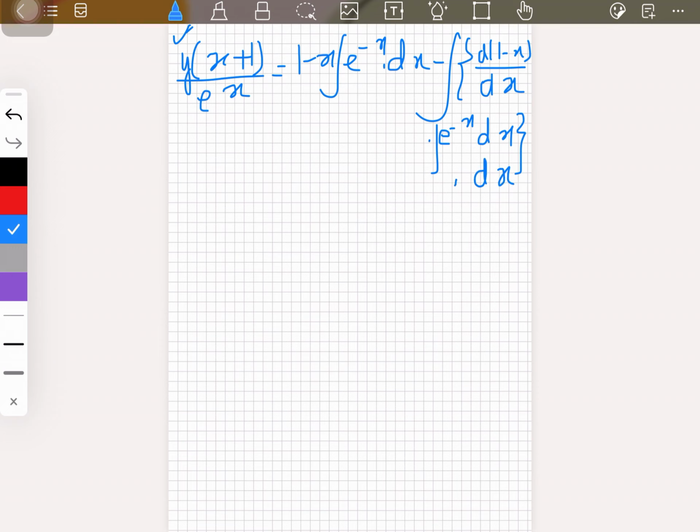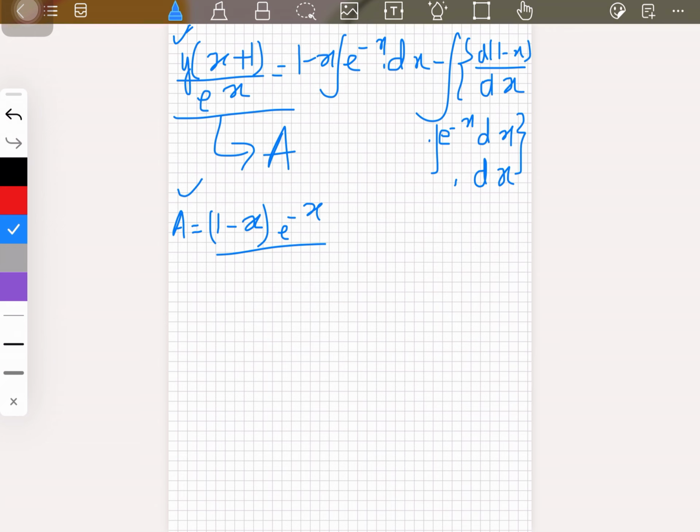For now I think it's taking a lot of space. Let's consider this entire thing as maybe A, so that we don't give a lot of space to it. The confusing part is done, by the way.